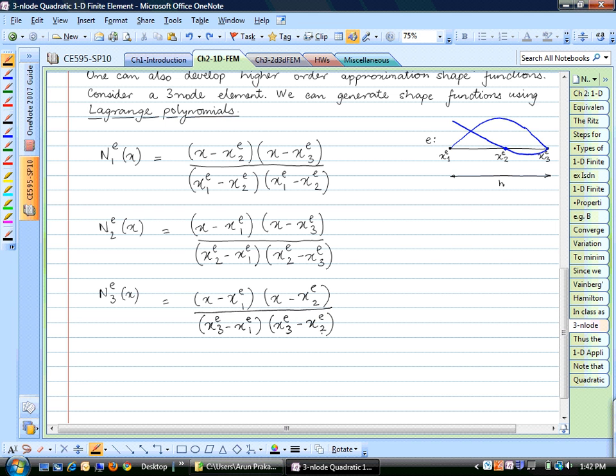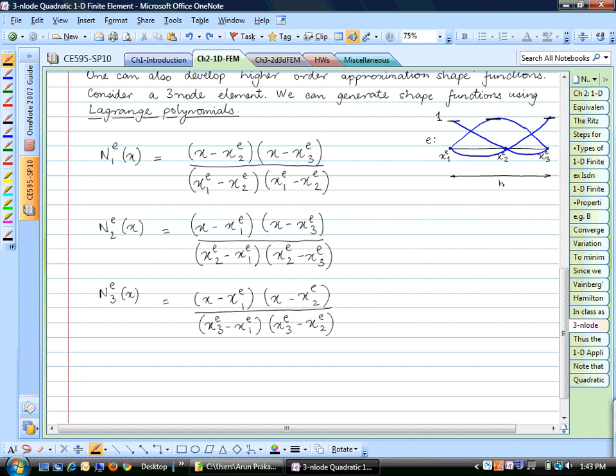So this shape function would look like this. And all these values are 1.